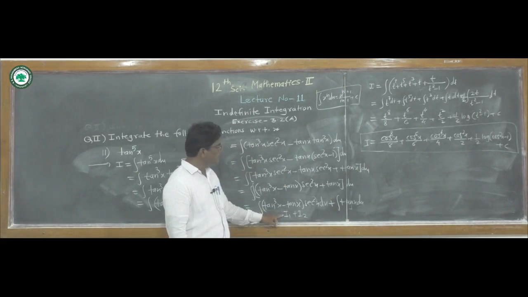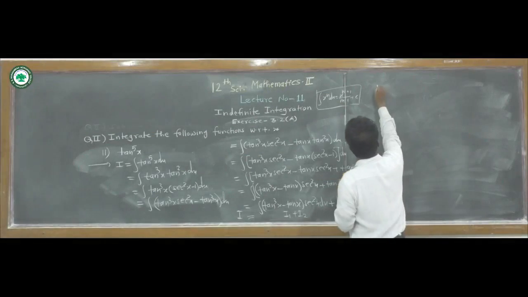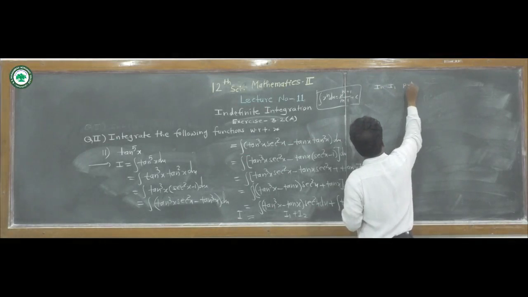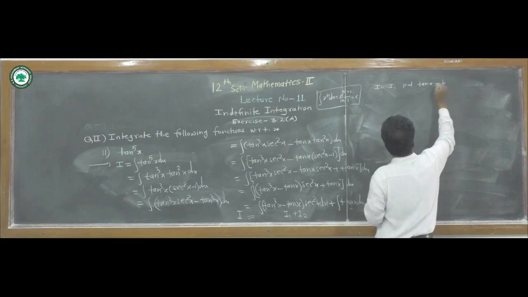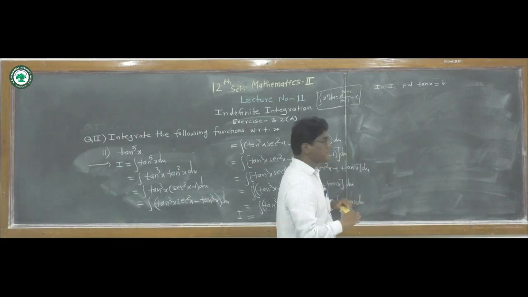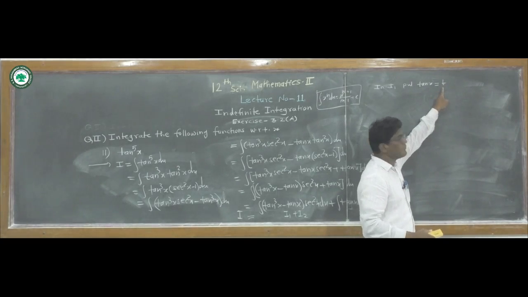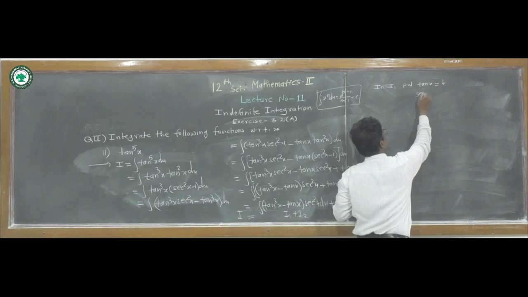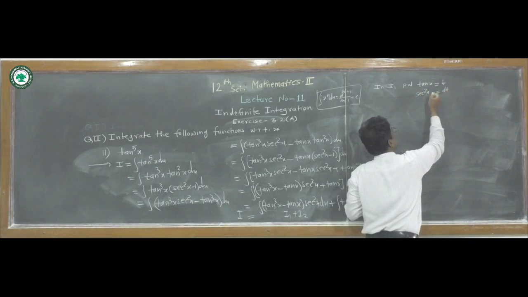In I1 we put tan x is equal to t and differentiate this equation with respect to x, means d by dx of tan x is equal to d by dx of t. What is the derivative of tan x? Sec square x. On the right hand side, dt upon dx, carry that dx.